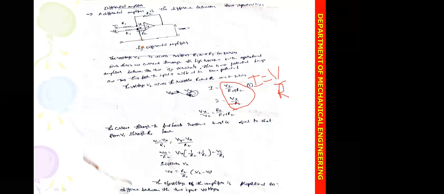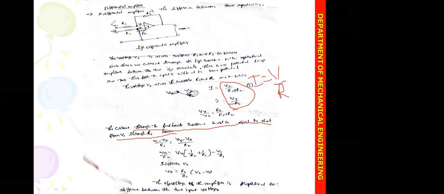The current passing through the feedback resistance must be equal to that from V1 through R1. The voltage difference across V1 and Vx is across resistor R1, so the current passing through R1 and R2 is the same.